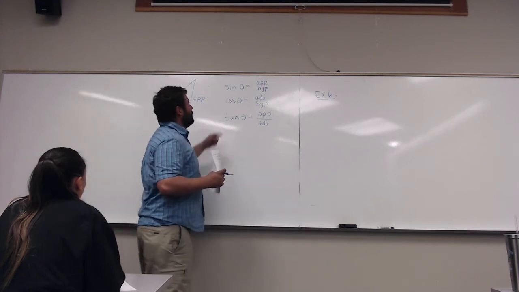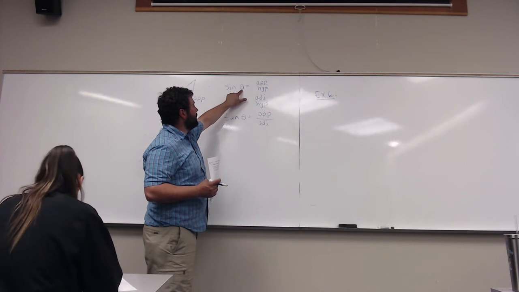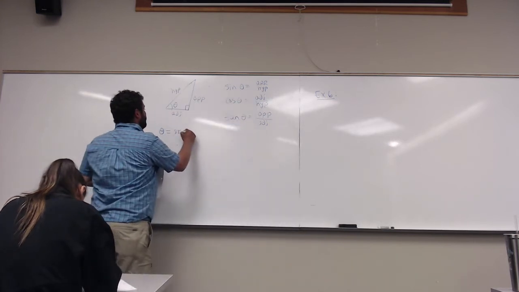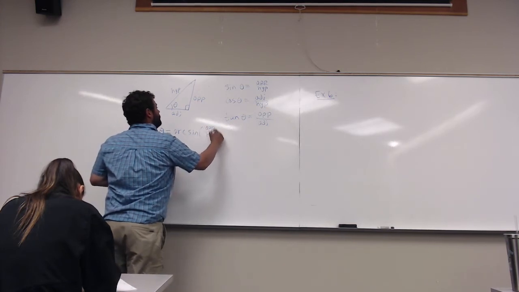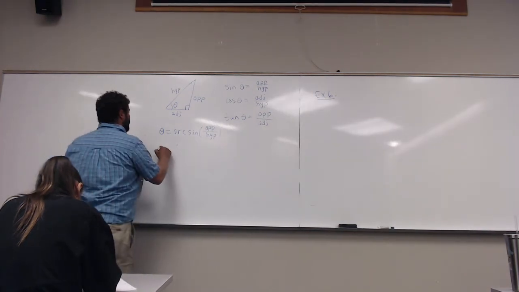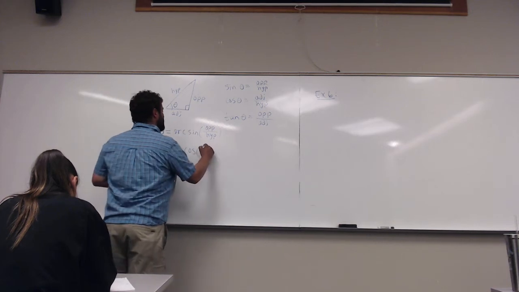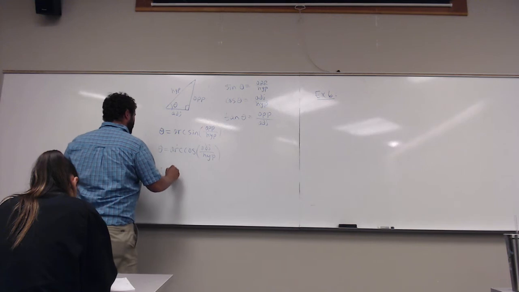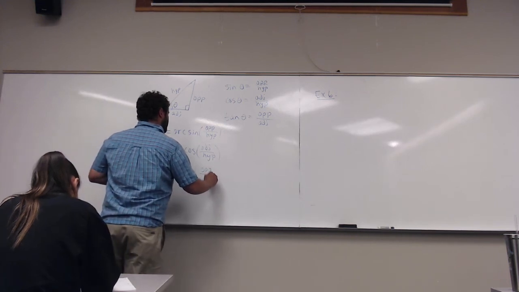So remember, from going from an original function to its inverse, the input theta becomes the output, and the opposite over hypotenuse becomes the input of arcsine. So if you know all the lengths of all the sides, you can recover the angle. You can also use arccosine of adjacent over hypotenuse, or you can use arctan of opposite over adjacent.